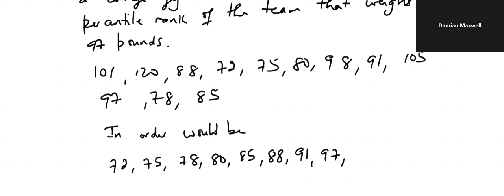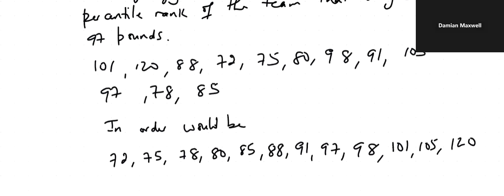What else? 98, 101, 105, and 120. Are those all? Count to make sure. I think we got them all. So basically, we want to find the percentile rank that 97 corresponds to.